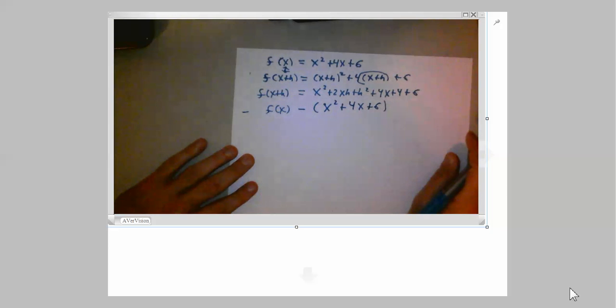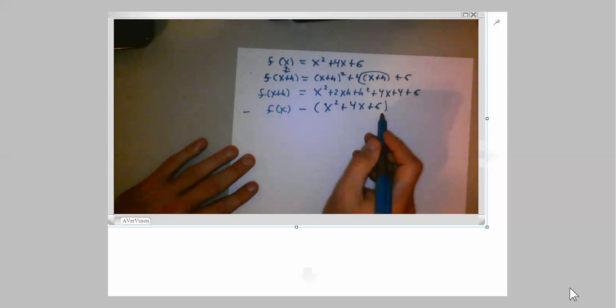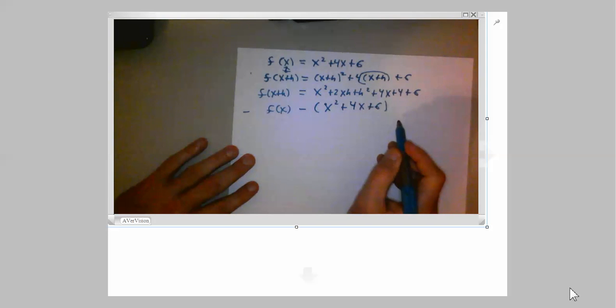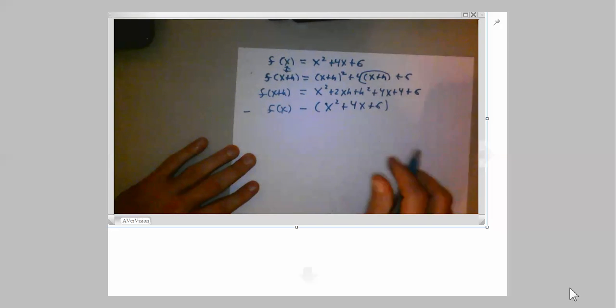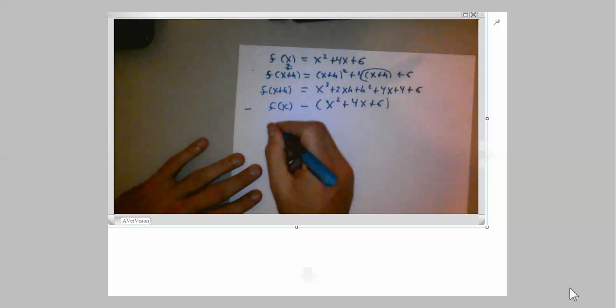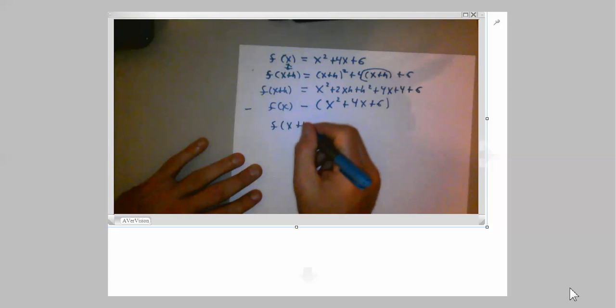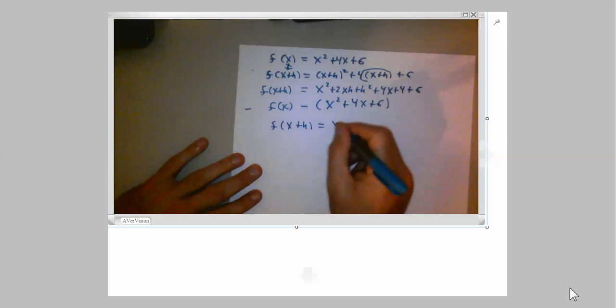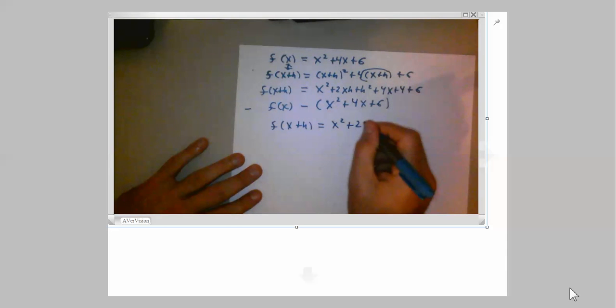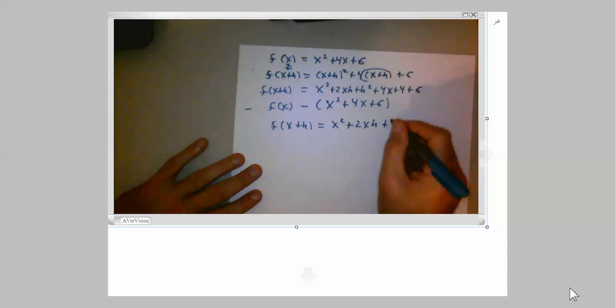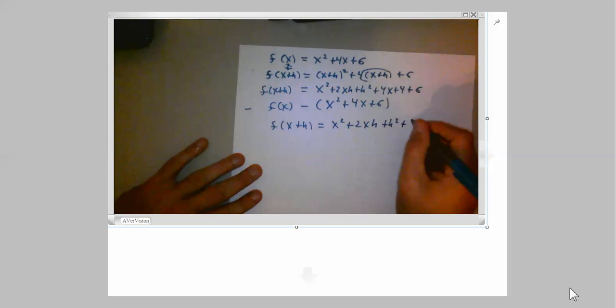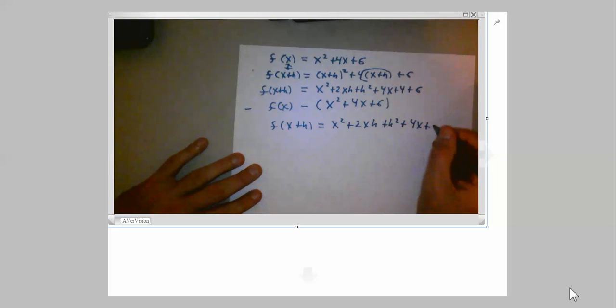So if I distribute the minus sign, I put the minus sign in front of the whole parentheses because I'm subtracting the entire expression. So I'm going to rewrite this. I'm just going to rewrite the first term, f of x plus h, is equal to x squared plus 2xh plus h squared plus 4x plus 4h plus 6.